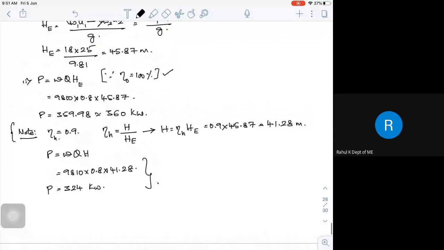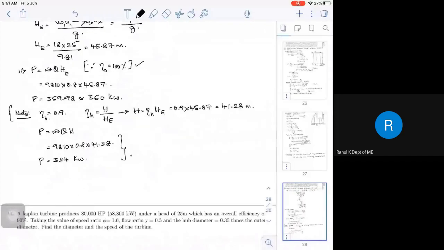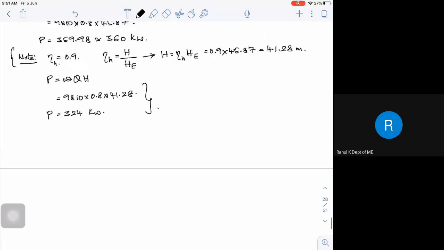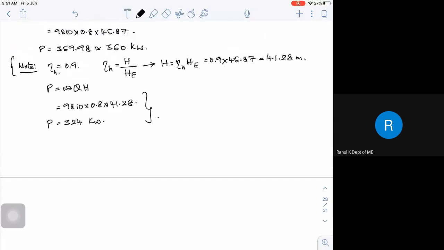Now, moving further, we have to find the angles. So that's beta 1, which we are supposed to find. But in the problem statement, they have directly given that the flow component of velocity remains the same. That is Vf1 is equal to Vf2, which is equal to 2.5 meters per second.